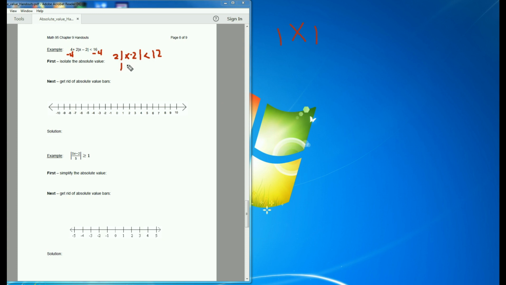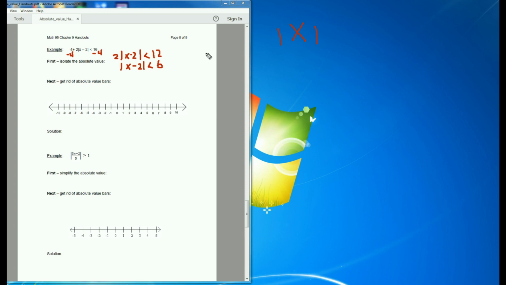So now you're going to have absolute value of x minus 2 is less than 6. Now you're in the correct form. You've got just absolute value, inequality, number. Okay? Now you want to apply the correct technique. And again, you know, look back at the previous page.